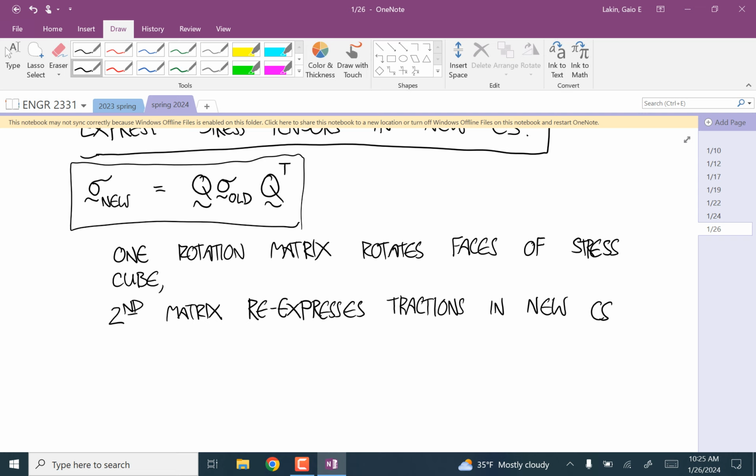So these two on the right are basically in turn taking each of those outward facing normals and multiplying them by the stress tensor. Okay, so this is just coming up with tractions in the rotated thing, but those tractions are still expressed in the old coordinate system, and now this expresses them in the new coordinate system.